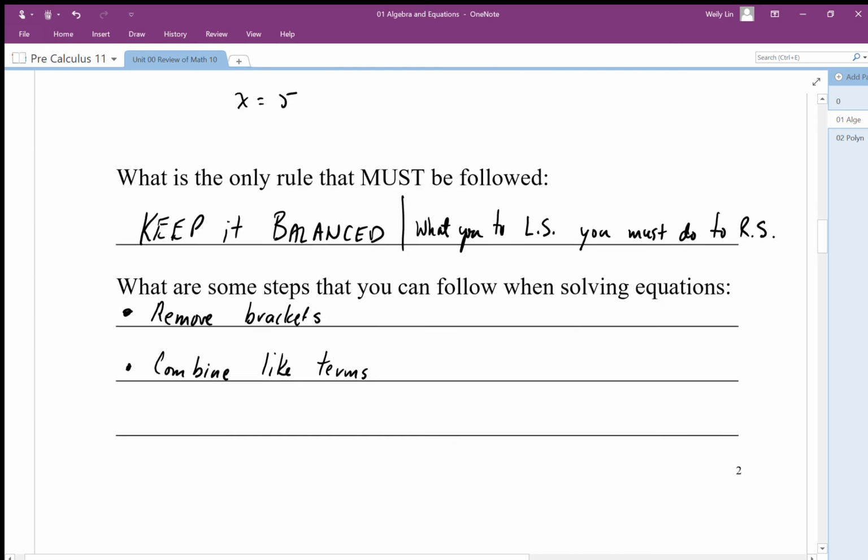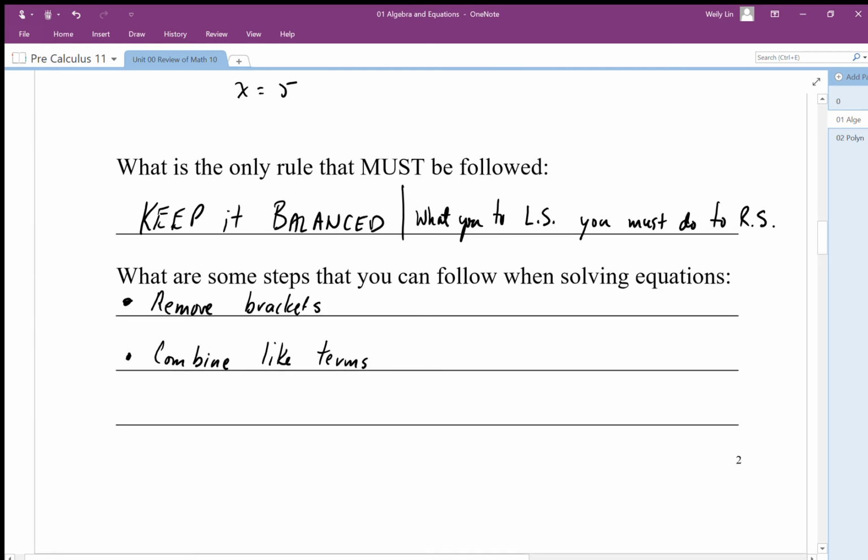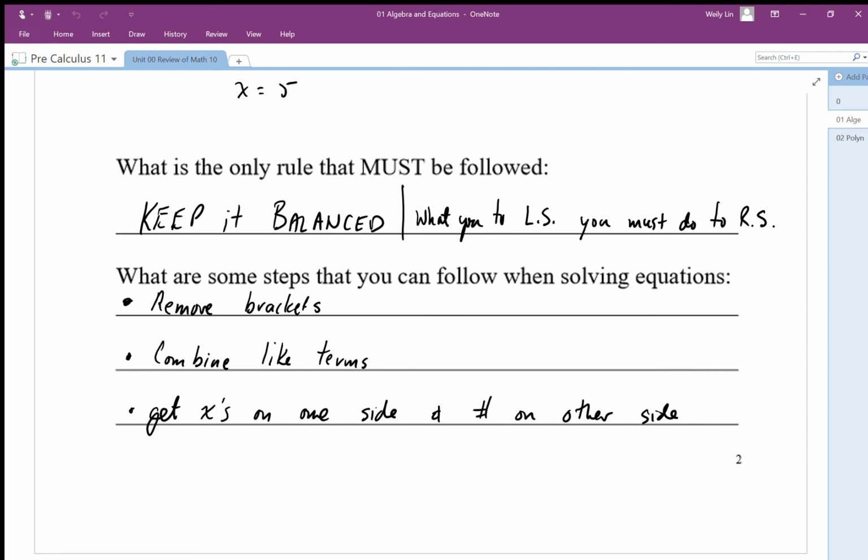It's often easier to get x's on one side and numbers on the other side. These are some steps, but you don't have to follow them because there's only one rule, and that is keep it balanced.